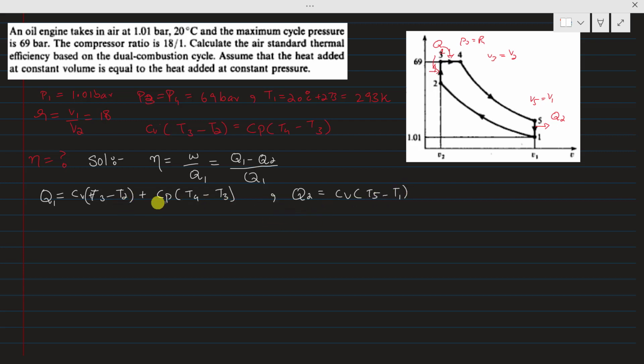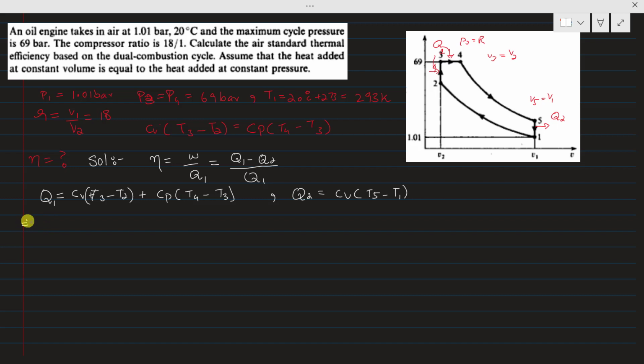From these formulas we can clearly understand that to find the thermal efficiency it is necessary to find the temperatures T3, T2, the temperatures at every point should be determined first. Some temperatures are given, and the temperatures that are not given we need to determine first.